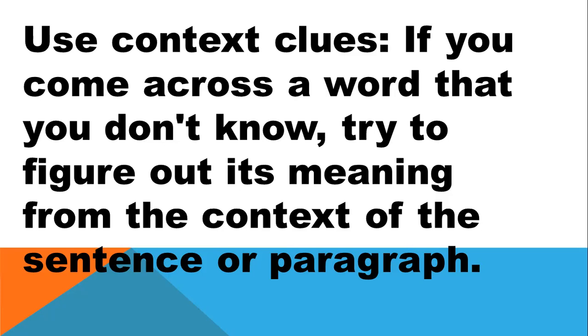Context means that if one word is giving you a problem, you read some words before that word and some words after that word. With that strategy, you will be able to understand the paragraph and that word.